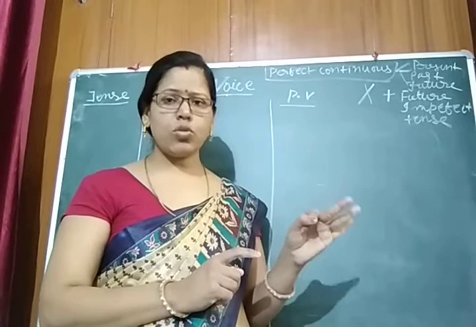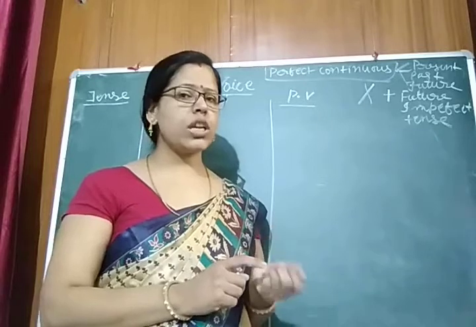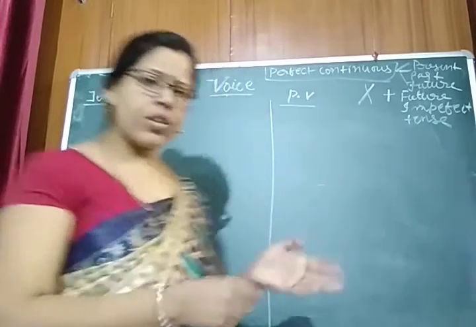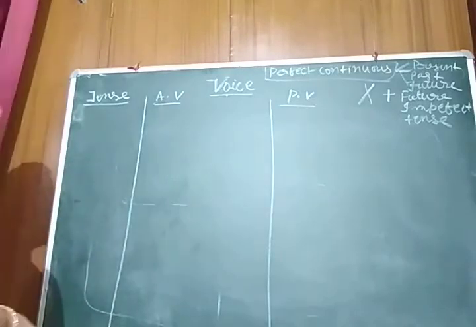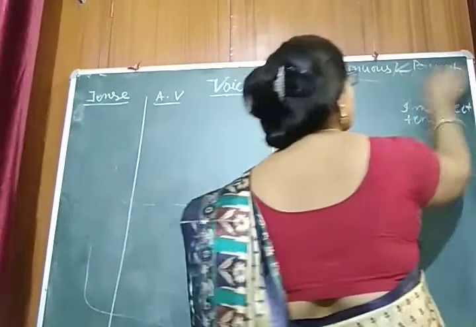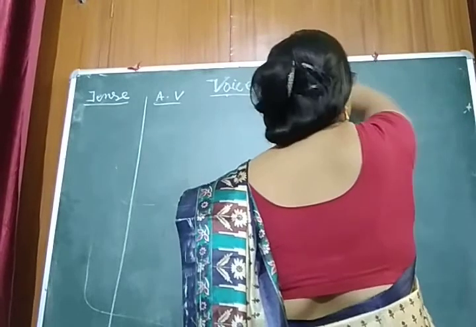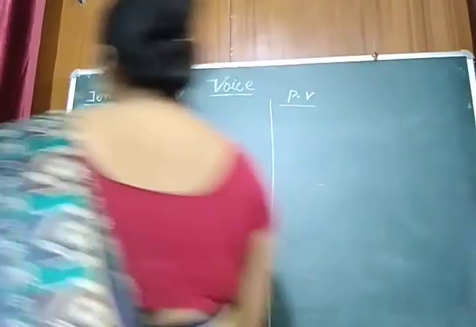Three are removed, and one more, that is future imperfect tense. So except these four tenses, we will understand the rules and regulations, how we can change a sentence from active voice to passive voice.